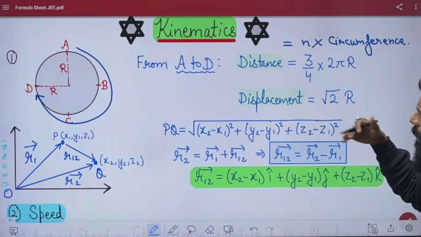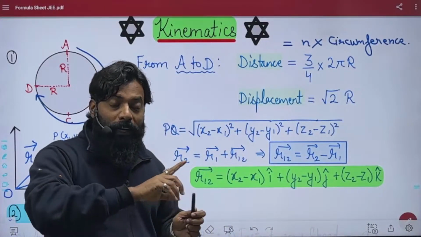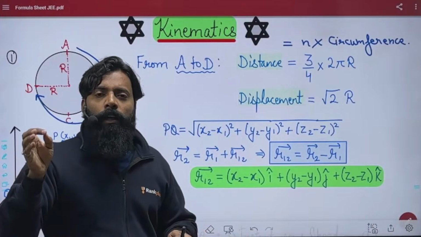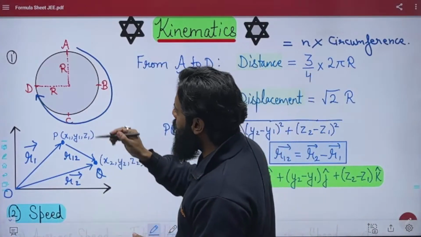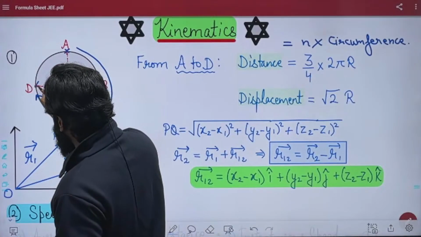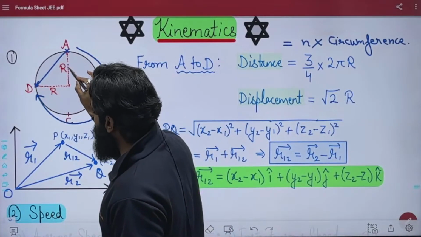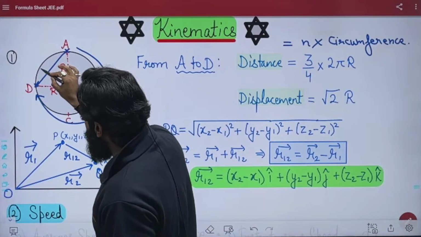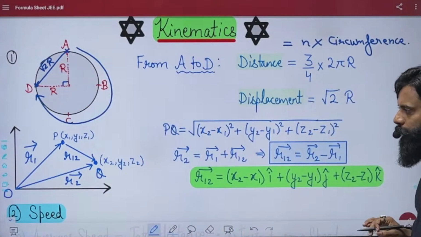For the displacement, I close my eyes and do not bother about which path my object is following. I just think of where it is starting and where it is ending. So from here to here, I draw a straight line. This is R, this is R, so it is going to be root 2 r. This is the first concept you need to know.